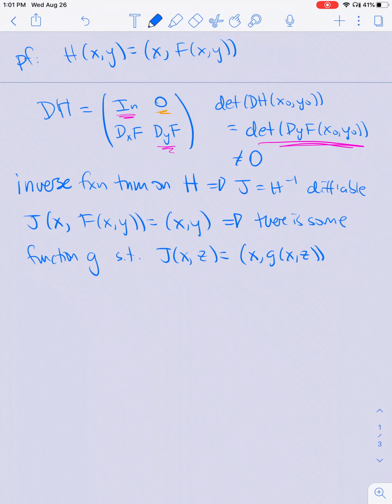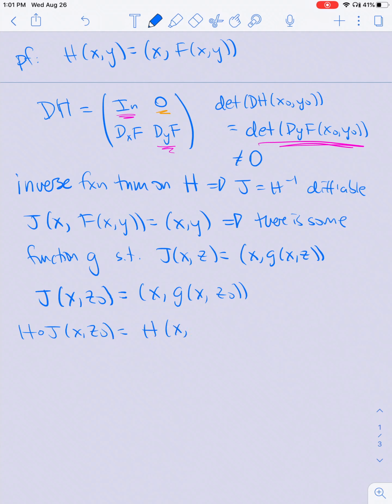So now I need to define my function f. So let's take j of x, z naught. This is going to be x, g of x, z naught. And if I take h of both sides, well, j is h inverse, so this is just x, z naught.